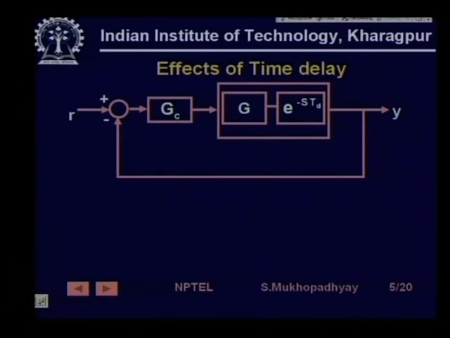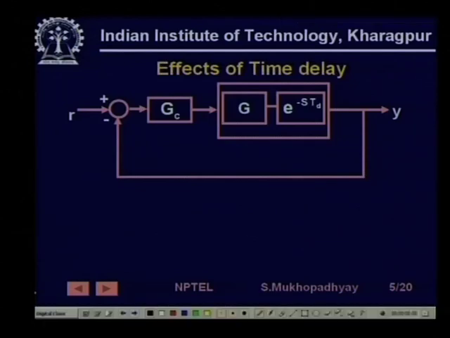Here you have the standard process control loop where you have this is the controller, and this is the plant, and this is the delay that I am talking about, and this is a normal process control loop.